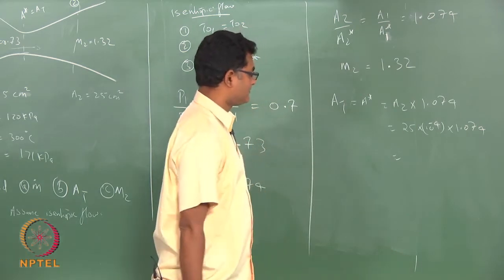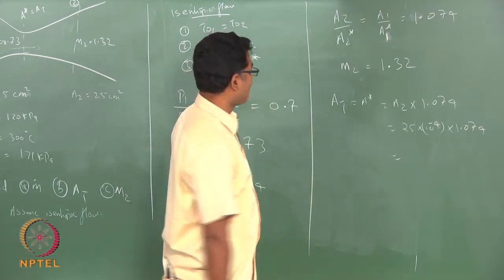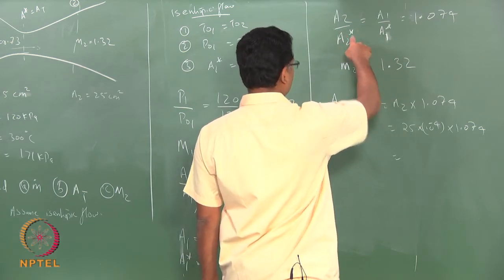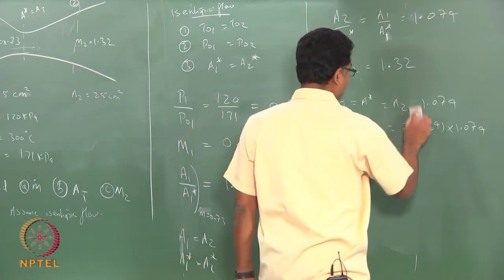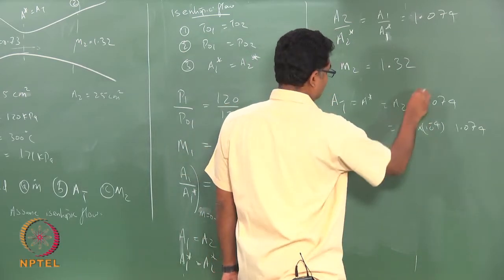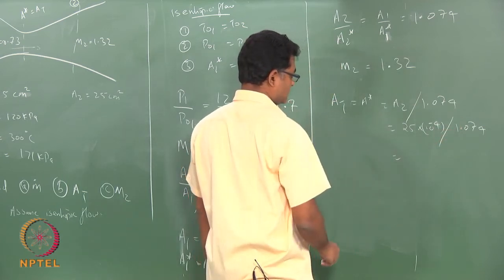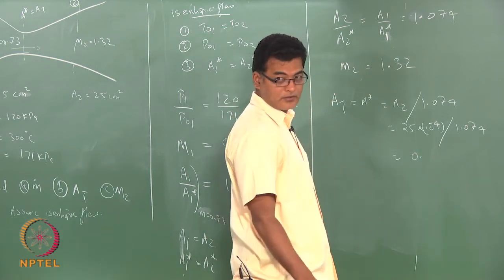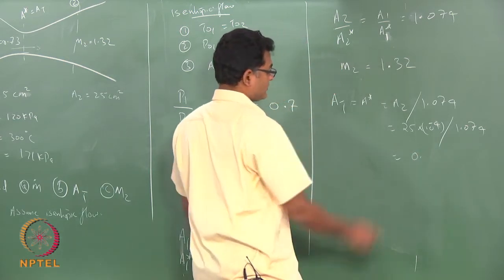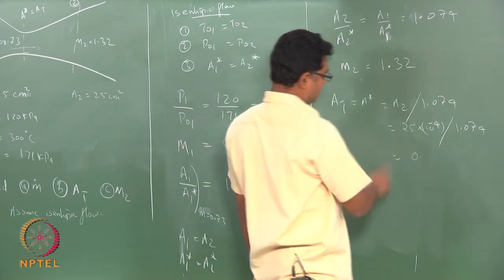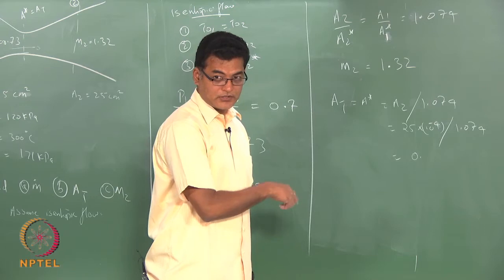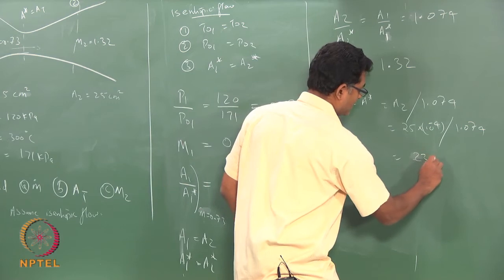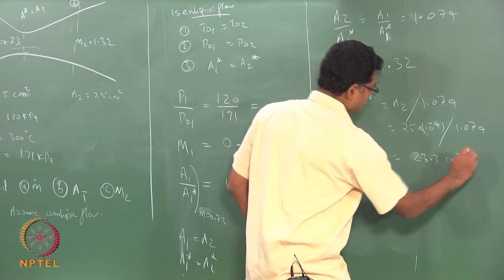So, 25 by 1.074 will be around 23.3 centimeter square.